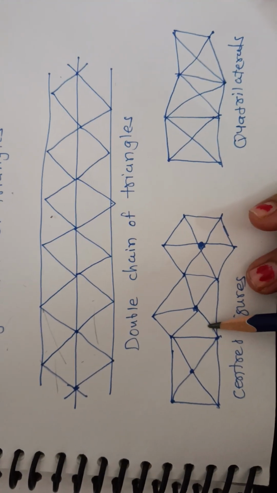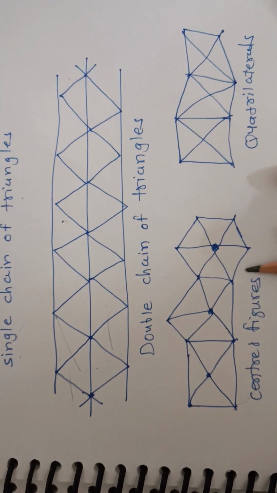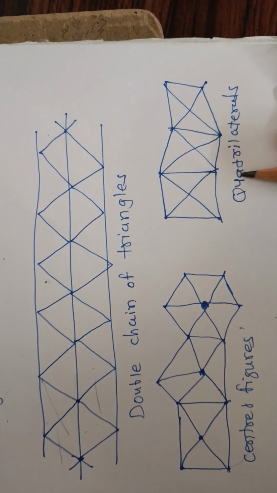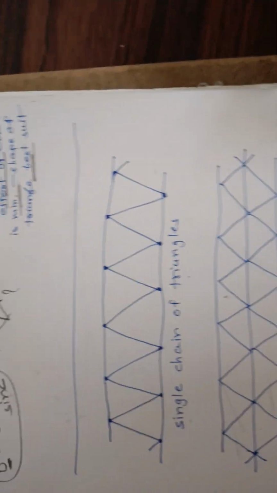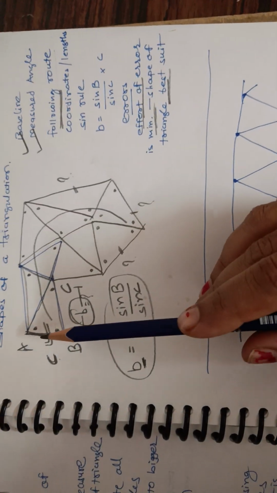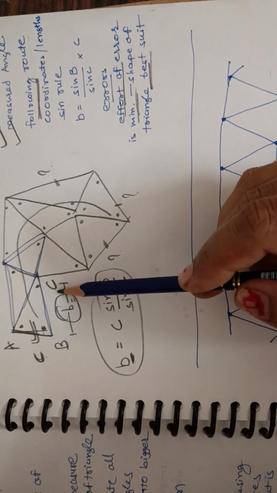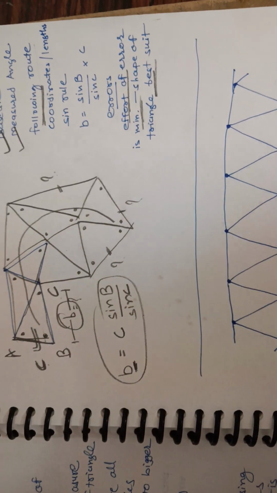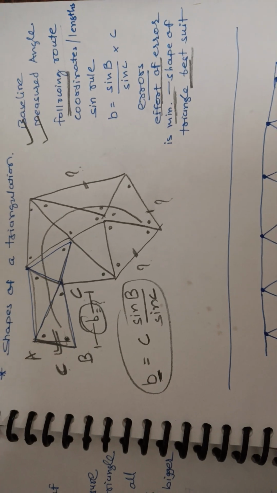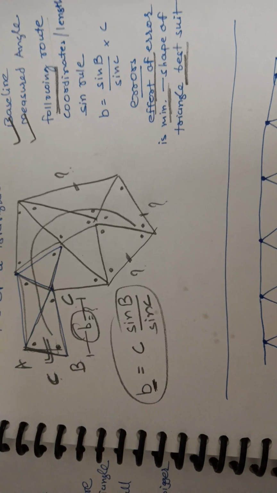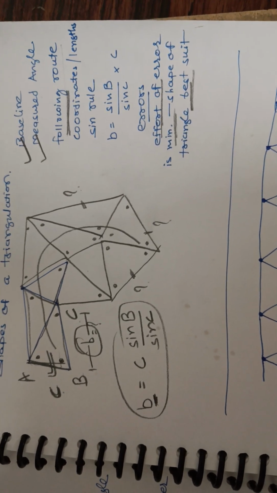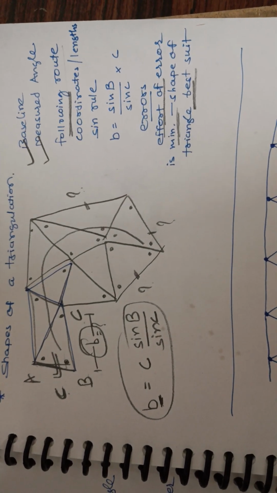Now this is a centered figure shape of triangulation system, and this is a quadrilateral. Our question is, if we want to minimize the error in finding lengths or coordinates of the other sides of the triangulation system, what is the best shape of triangle? So let's focus on that.